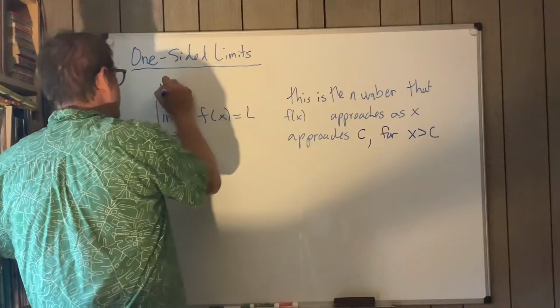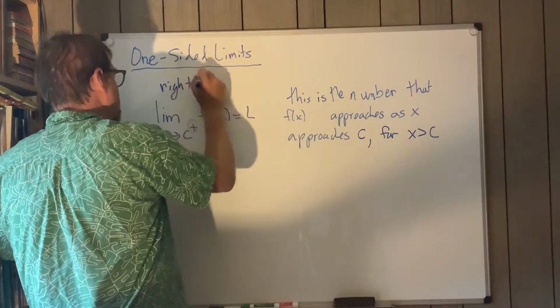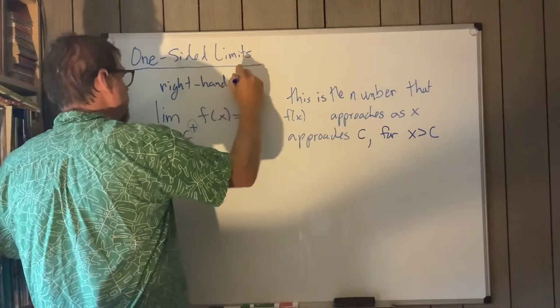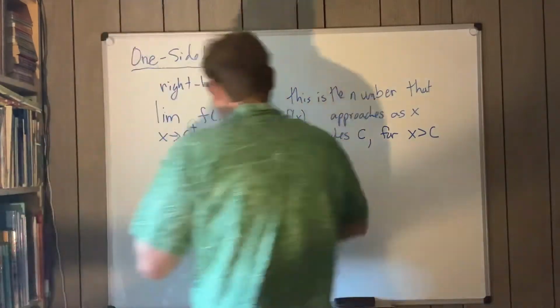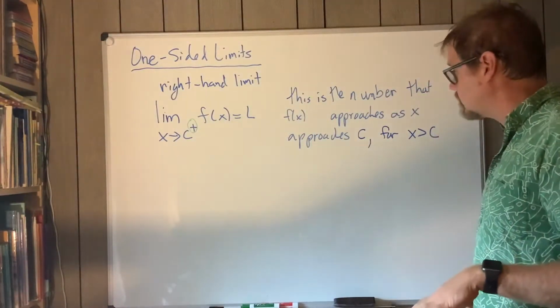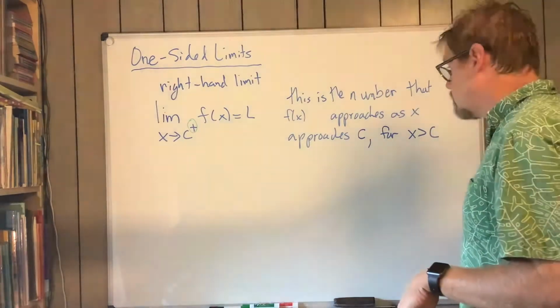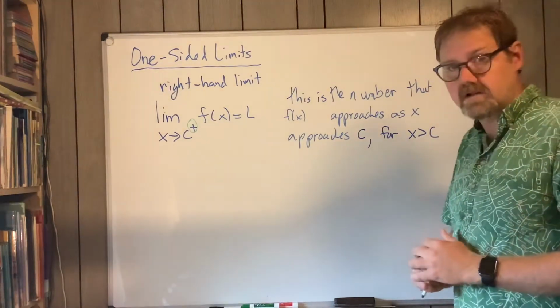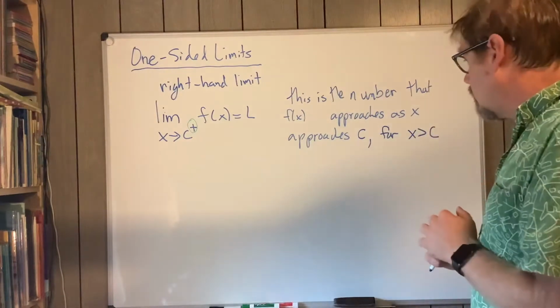This is called the right-hand limit. And I'll write down the same thing for left-handed in just a bit. I'm going to give you a little bit more light, make it a little bit better to see.